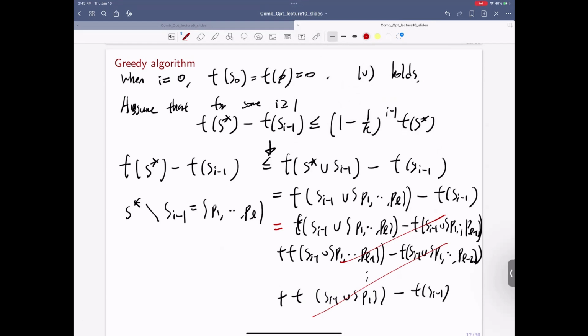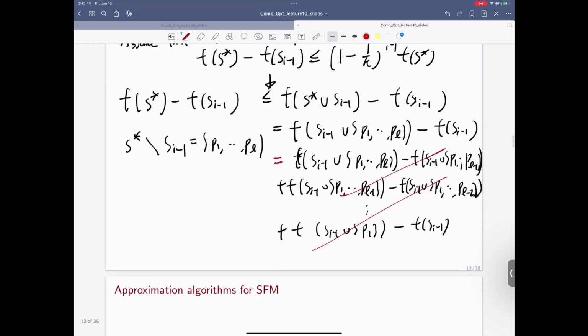But now is the point where you apply the diminishing marginal returns property.